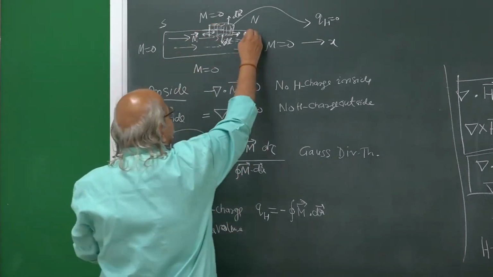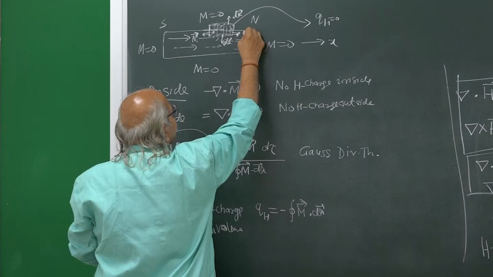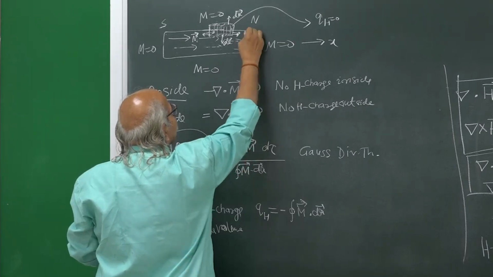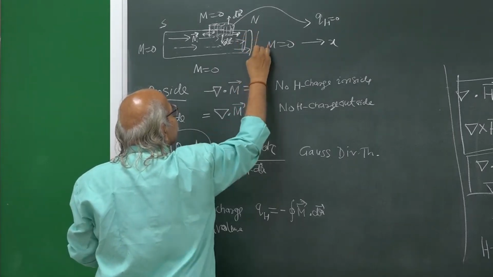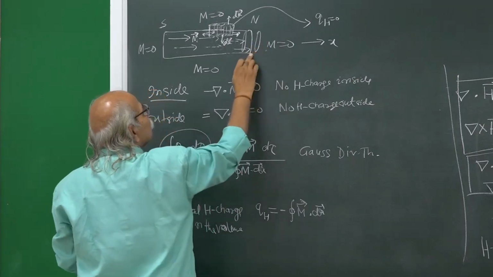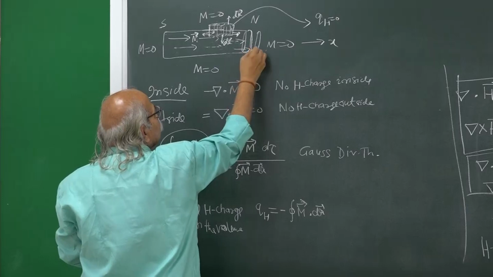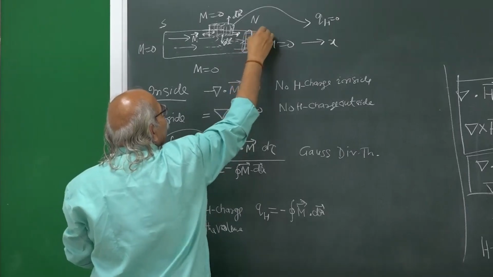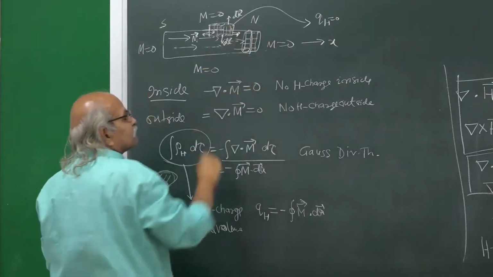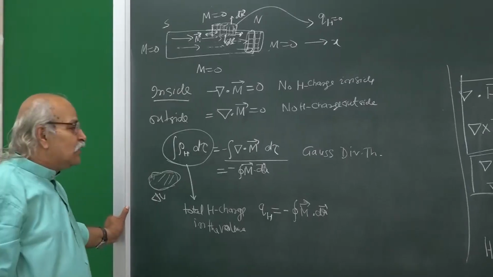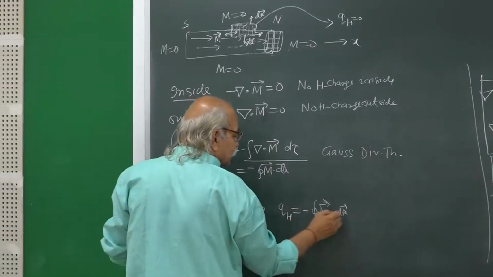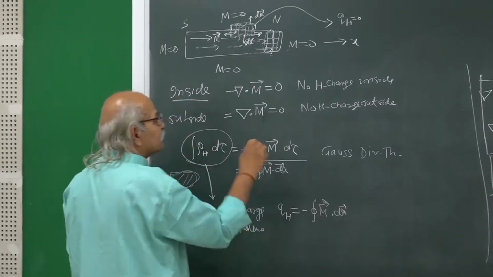Now, look at this surface. Take a similar area here and an area here, very close to the surface, and then join the corresponding points to make a volume. And on this volume, you calculate what is this quantity QH in this volume.